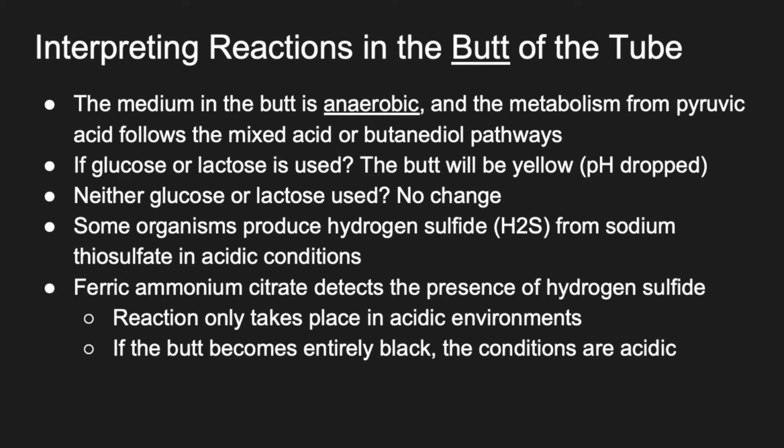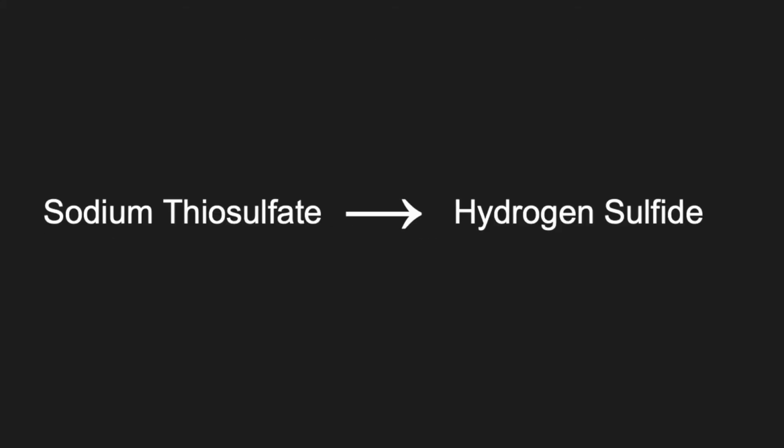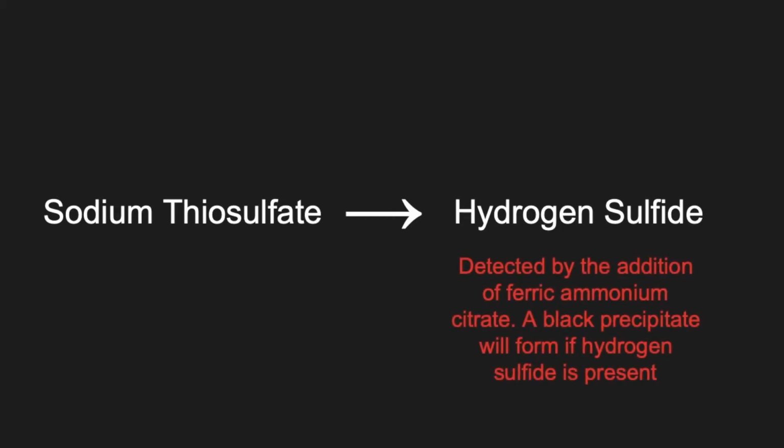So even if you can't see the butt of the tube, and it's black, you know automatically that it is acidic. So this next slide here is just showing you sodium thiosulfate gets broken down into hydrogen sulfide, which is detected by the addition of ferric ammonium citrate, and then a black precipitate will form if hydrogen sulfide is present in that acidic environment.